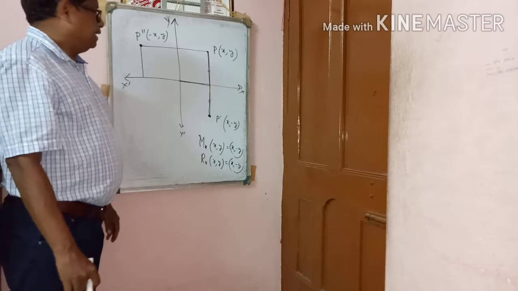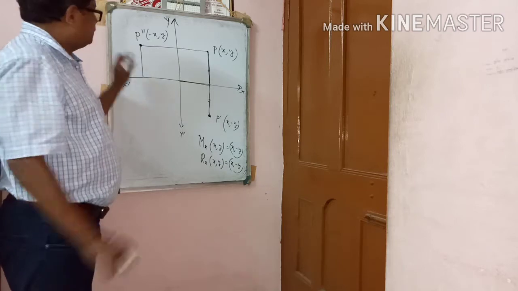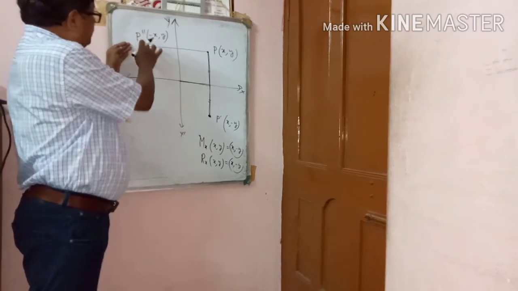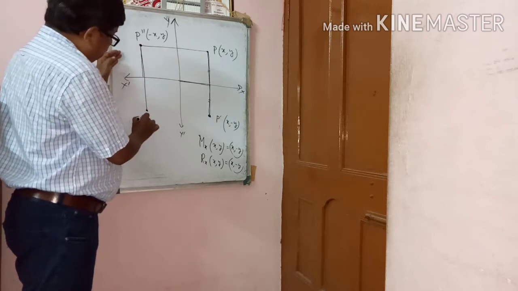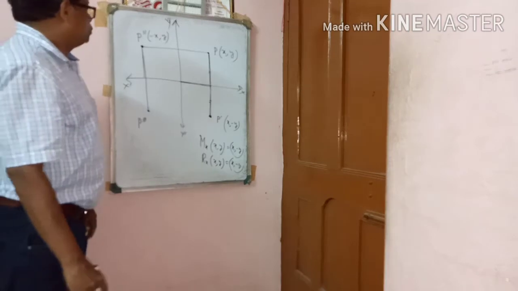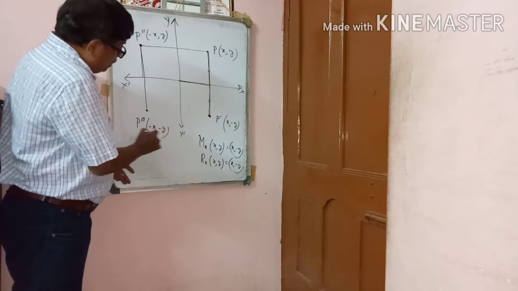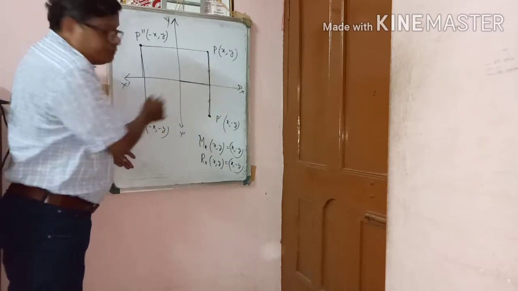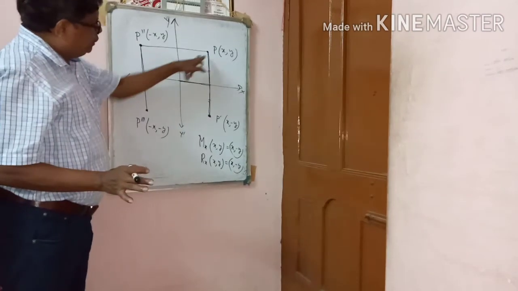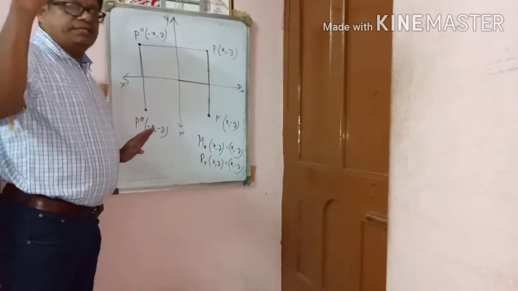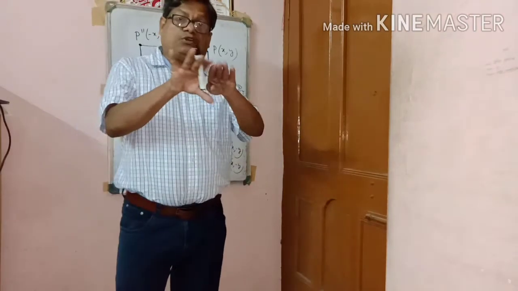Now again suppose the x-axis, and this point P double dash. I will write that point as P triple dash. Here, with the x-axis, x has no change, so it will be minus x, minus y. If we take this transformation, the line always passes through the origin; that is reflection of a point in the origin.